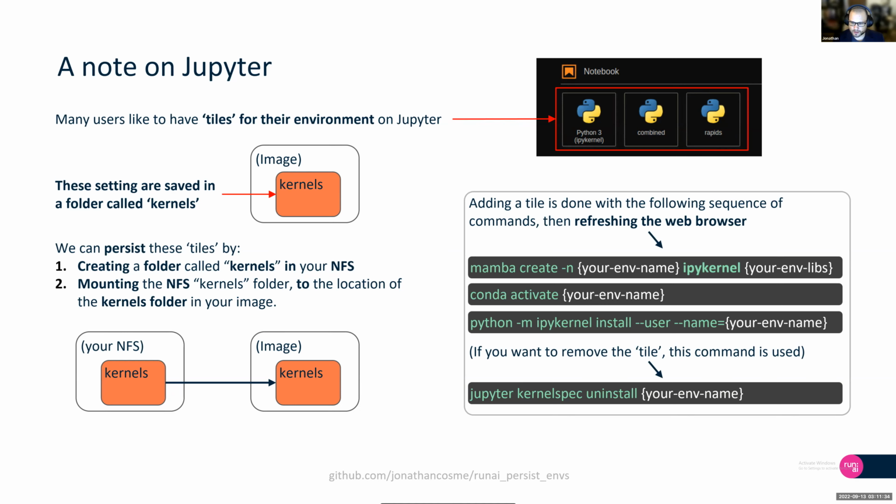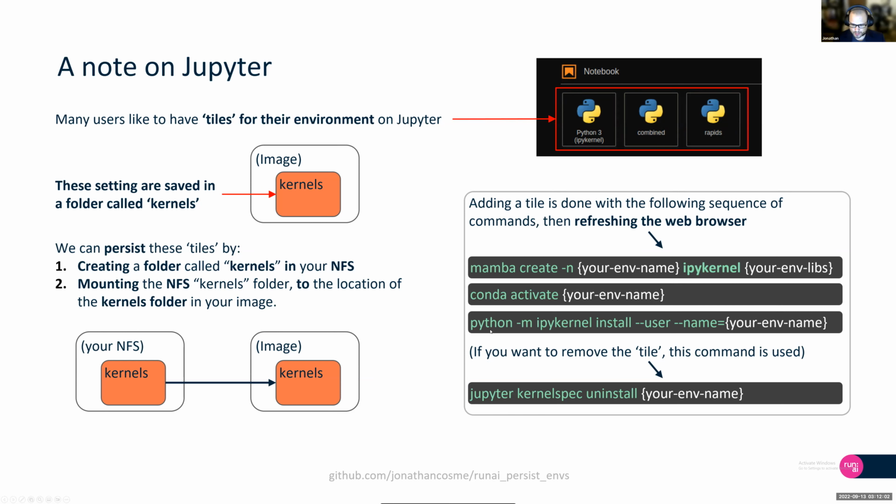Now, just FYI, this is the process. These are the commands that you would basically use to create these tiles up here. So whenever you create your environment, the important thing is to install ipykernel. Ipykernel is required to have these tiles and to be able to switch environments within your notebook. And then once you've got that installed in your environment, you're going to want to activate the environment itself.